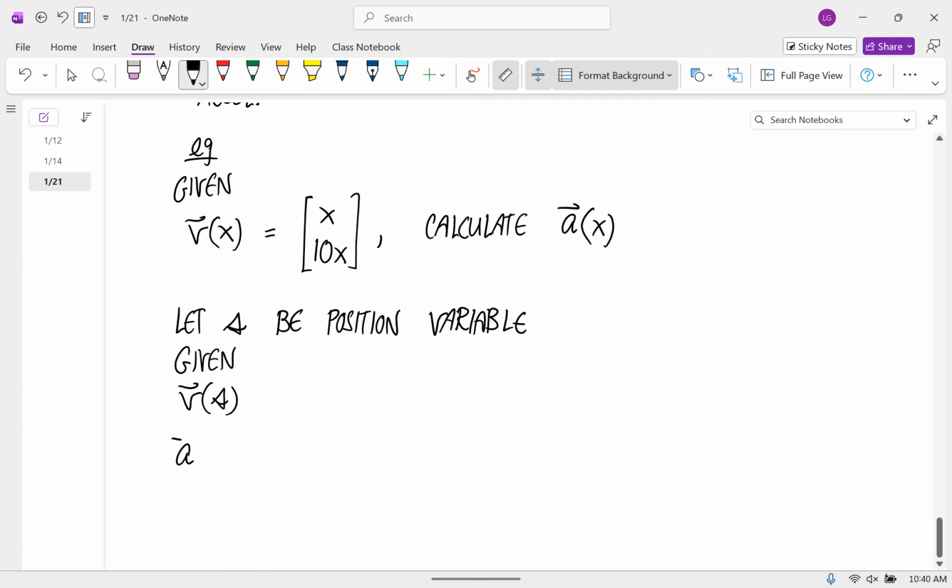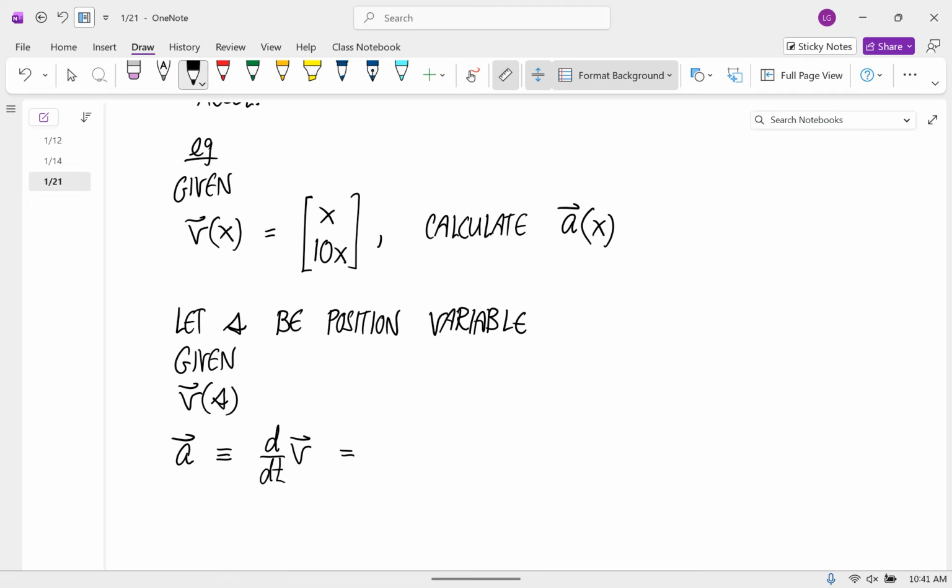Then the acceleration, the definition of the acceleration is the time derivative of the velocity, but we don't know the velocity as a function of time. So what we're going to do is, this is the chain rule step.